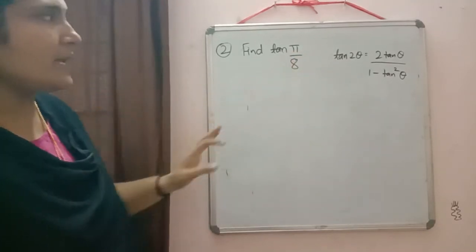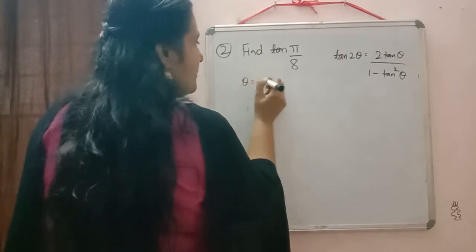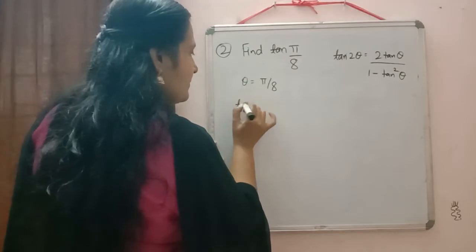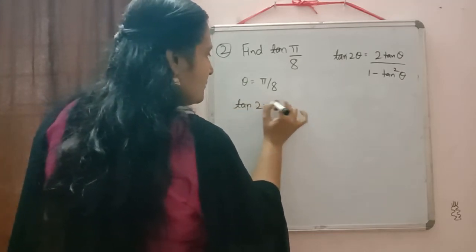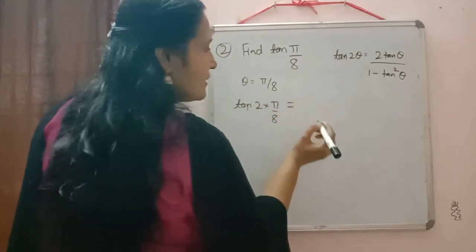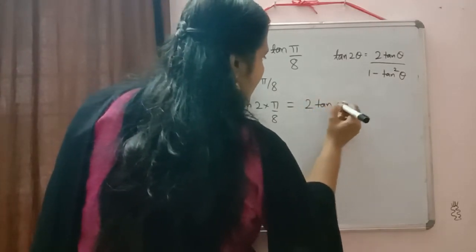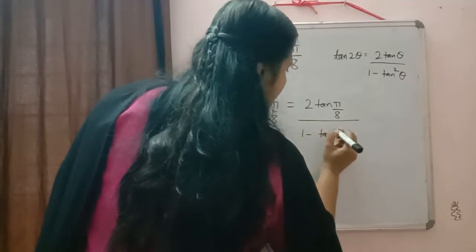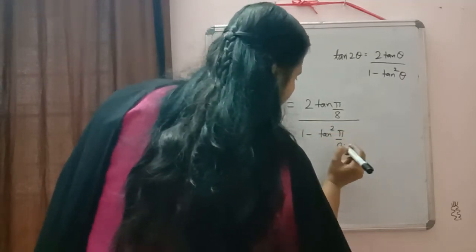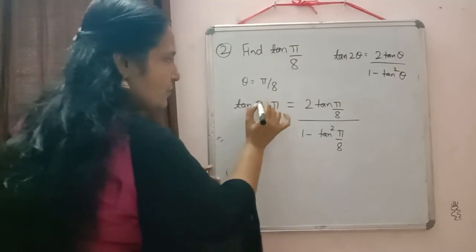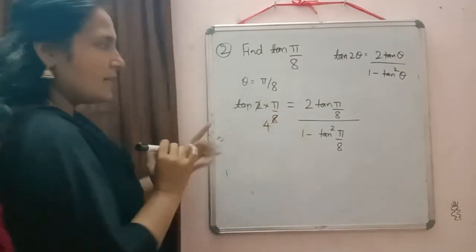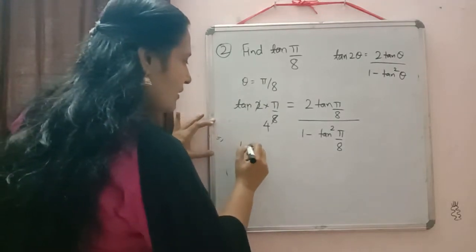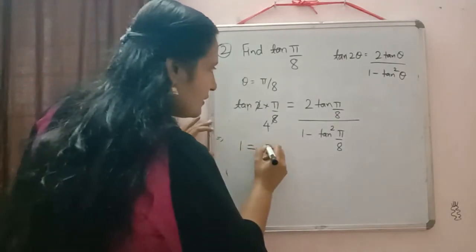So if I have taken theta is equal to pi by 8, then the left hand side will be tan 2 into pi by 8, is equal to 2 tan pi by 8 by 1 minus tan square pi by 8, and here 2 and 8 will get cancelled. We will get tan pi by 4. And what is the value of tan pi by 4? 1. So 1 is equal to that.